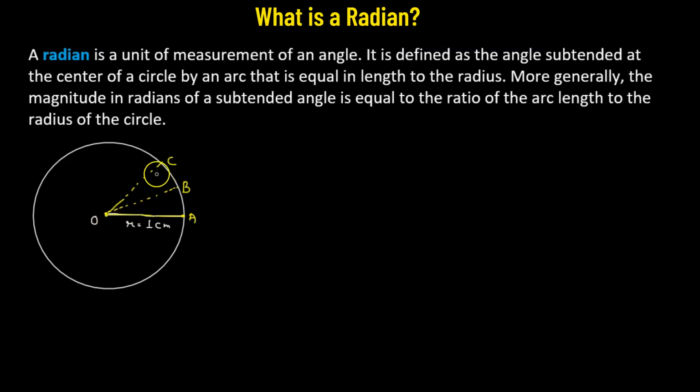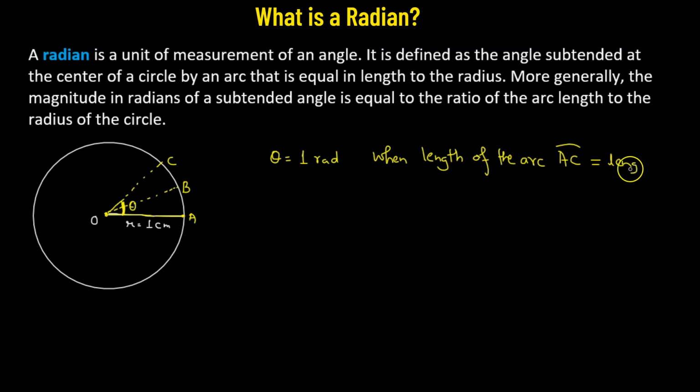Now let's say at point C, it's making an angle with OA. This angle, we can measure in terms of theta. Let's say this theta value will be defined as 1 radian when the length of the arc AC is exactly equal to the length of the radius of the circle.